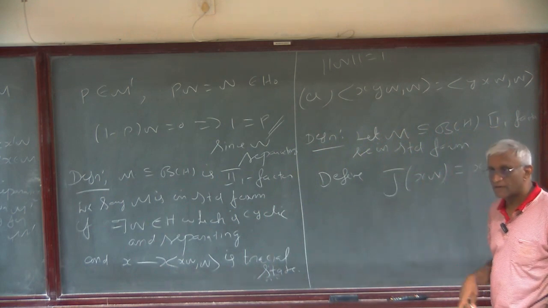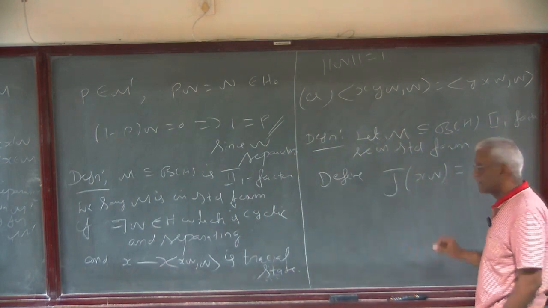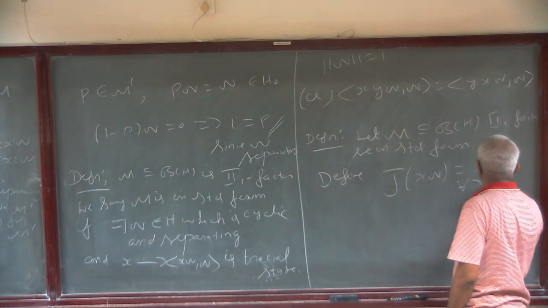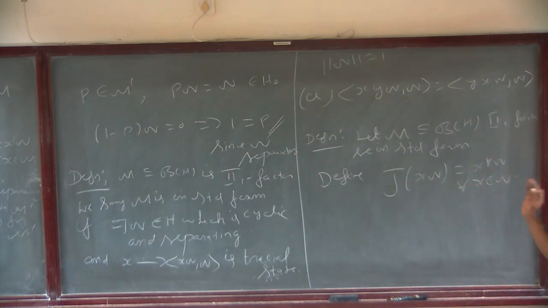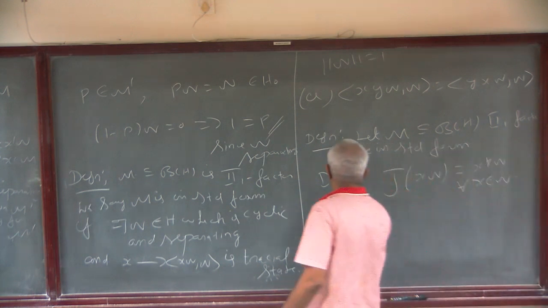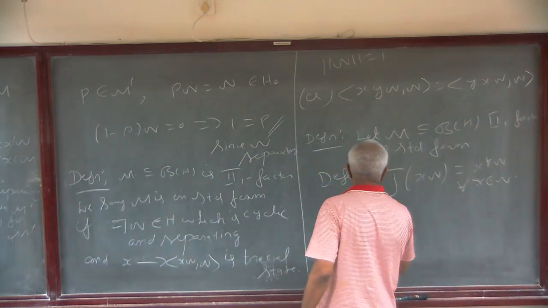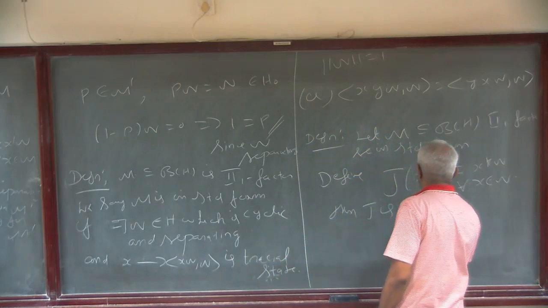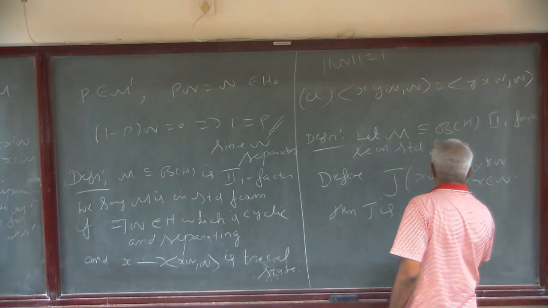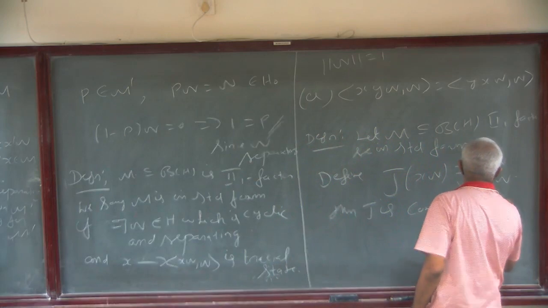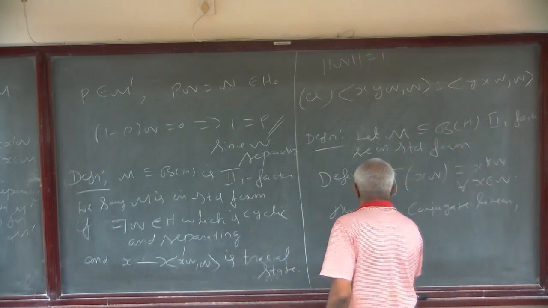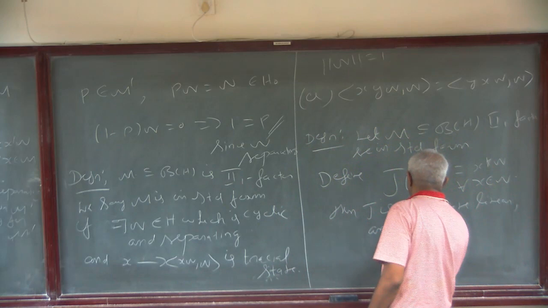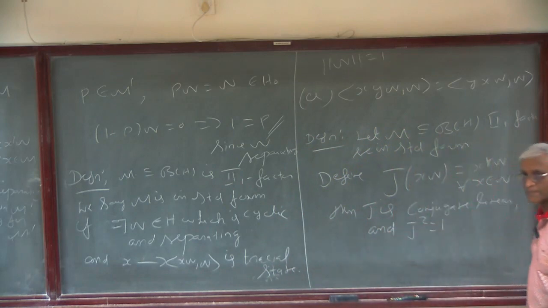This is defined on a dense subspace, for all x in M. Then, of course, J is conjugate linear, antilinear. And on this dense subspace, J square equal to 1.